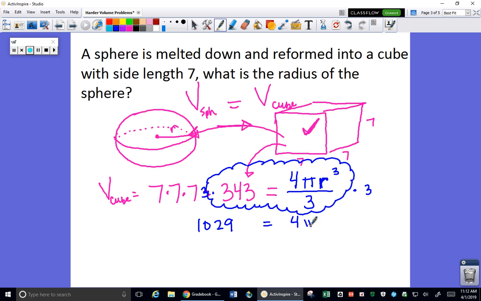If you have a calculator handy, that would be nice to do. Okay, divide all at one time, 4 pi. And depending on your calculator, you're probably going to want to put it in parentheses so that your calculator understands what you want it to actually do, not divide by 4 and times by pi.